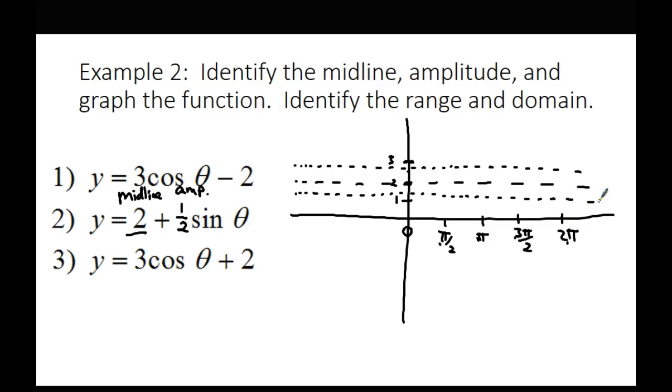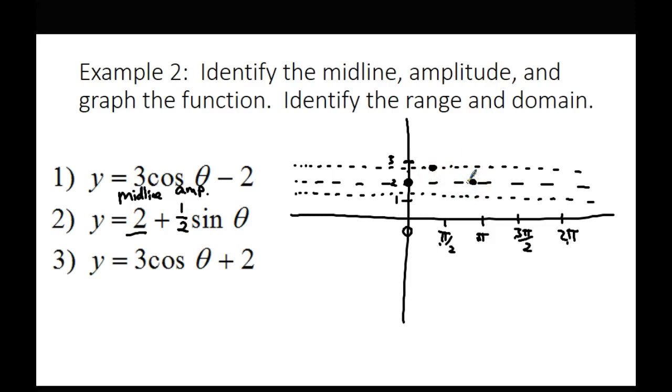So this is what kind of a function? Sine, and where does sine start? At the midline. And where does it go after that? Up. So we're going to go over 1, up 1, over 1, down 1. When I say down 1, I mean down 1 space.